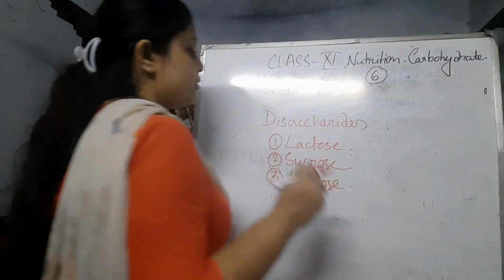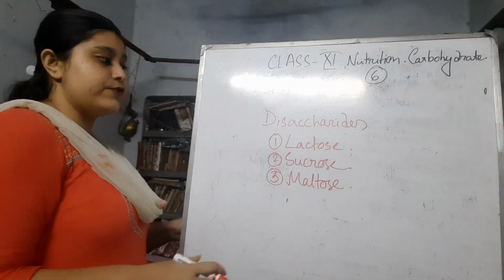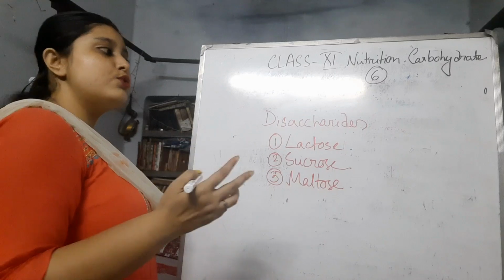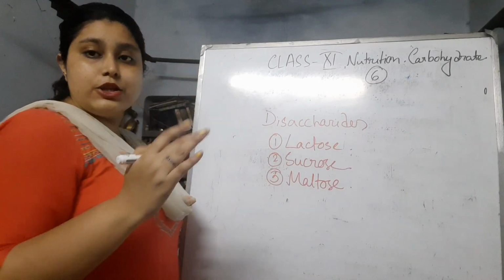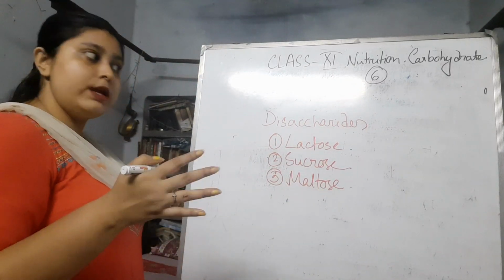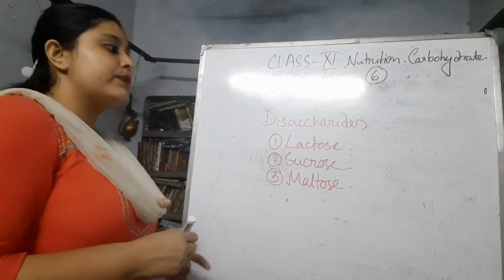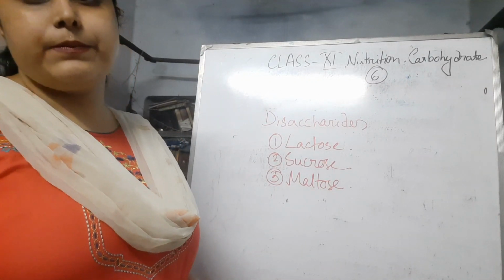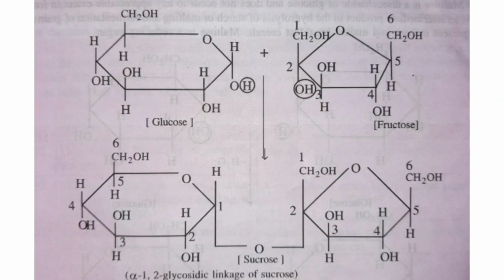And you also know, as I told you in the previous video, disaccharide means two monosaccharides are joined together, forming disaccharides. So let's check how they are forming the disaccharides. As I told you, this video is for the structures of the disaccharides.